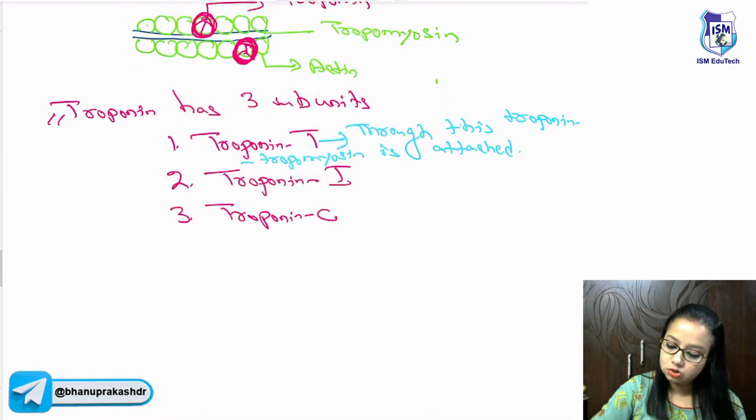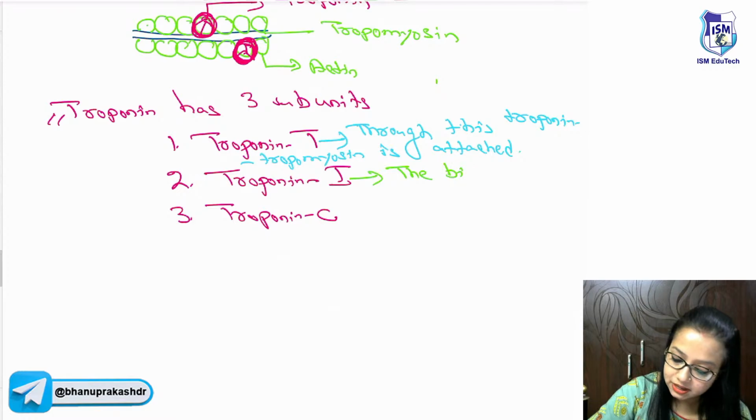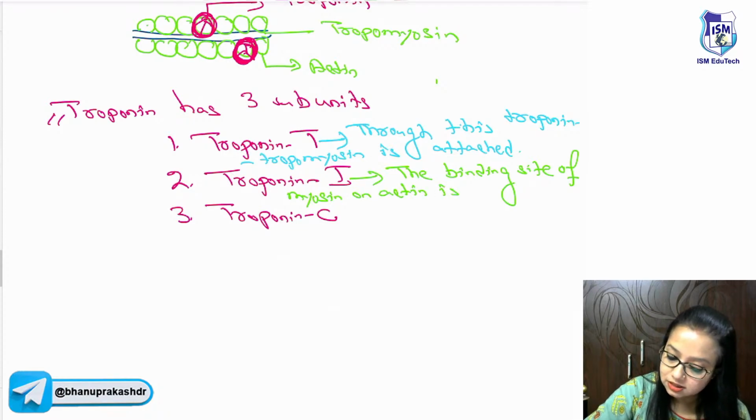Through this troponin I, the binding site of myosin on actin is covered.